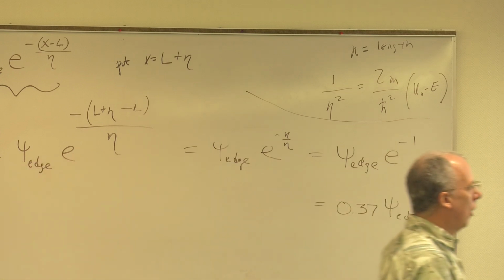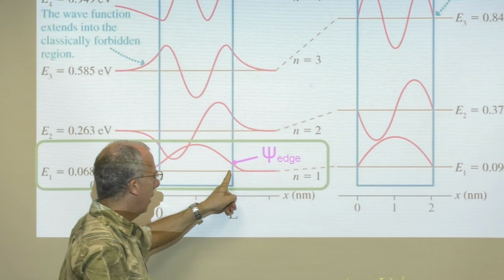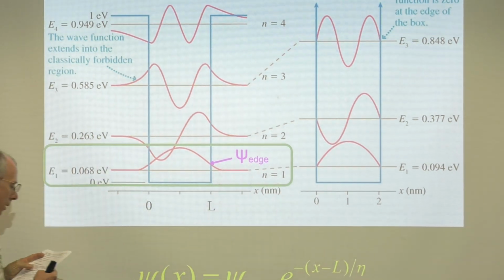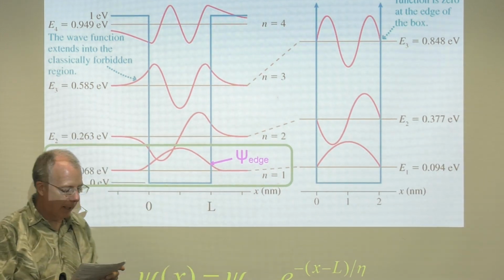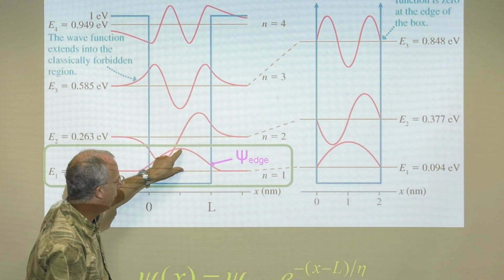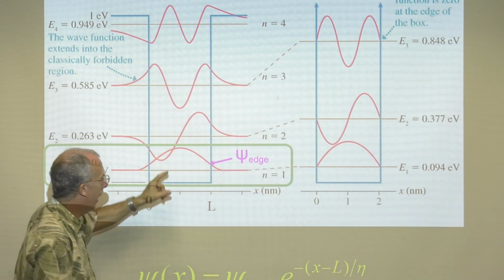It means when the wave function penetrates past x equals L into the classical region by a distance eta, the amplitude of the wave function decreases to 0.37.